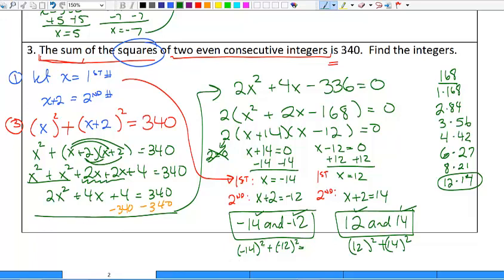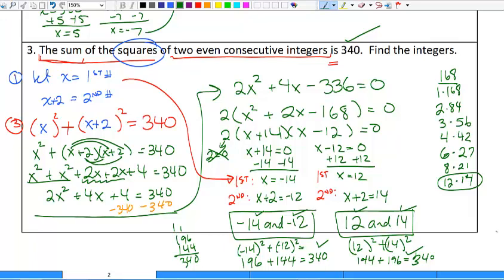Negative 14 squared is 14 times 14 or 196. Negative 12 times negative 12 is positive 144. When I add 196 and 144, I'm getting 340. Look at that, folks. Is that just not impressive? And it works for the other one as well.